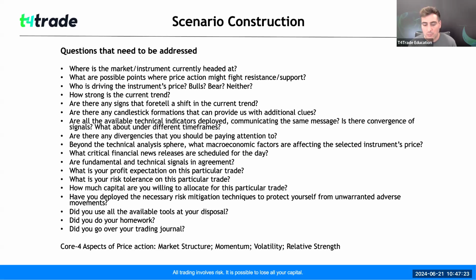But in order to come up with a rough percentage of how much money you're going to allocate on each and every trade, you need to take into consideration how much you're going to be losing. And therefore, that's why you do this kind of money management thinking and procedure beforehand, before you start placing trades.